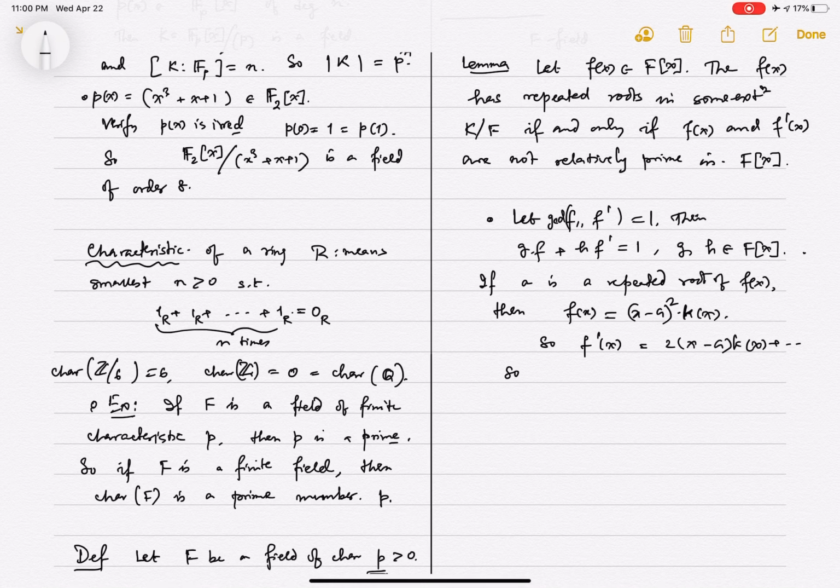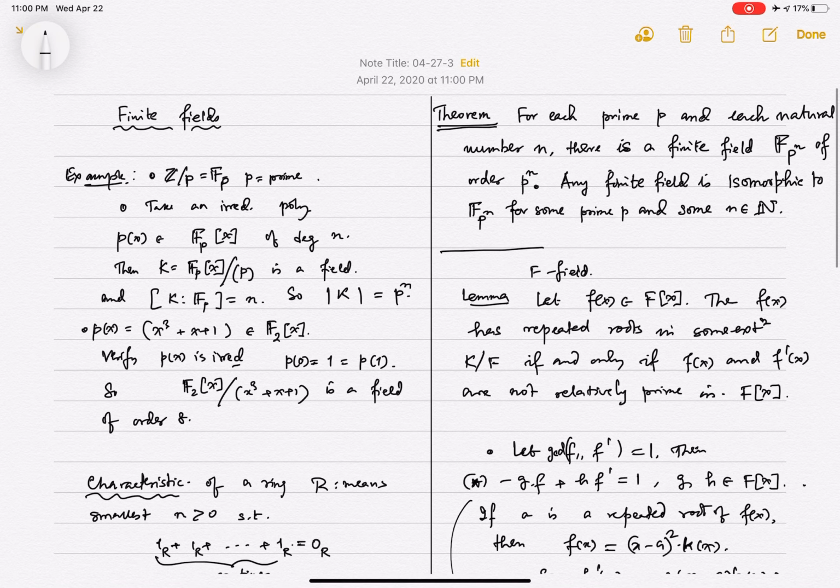So x minus a divides both f and f prime. But that tells you from here that x minus a divides 1, which is a contradiction. And I'll let you read the rest. So that's why this lemma is true. So now I think we have all the background to attack this theorem next time.